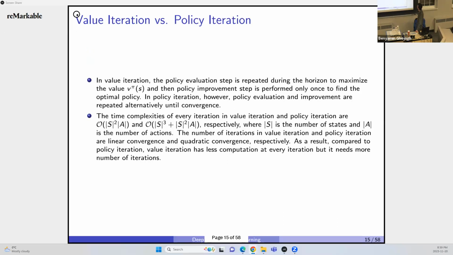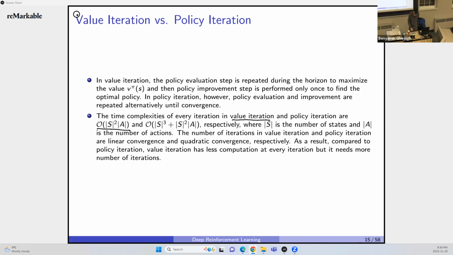Okay. In terms of complexity, that's also important. Value iteration complexity is S squared A. What is that, by the way? The cardinality of S, what do I mean? Number of states that I have. Cardinality of A means number of actions that I have.